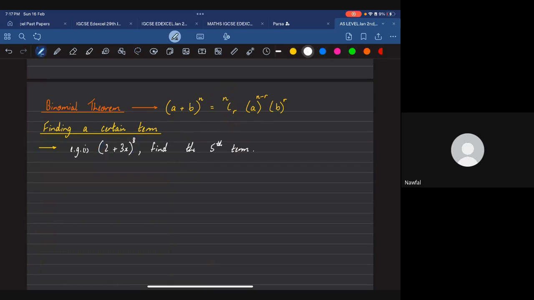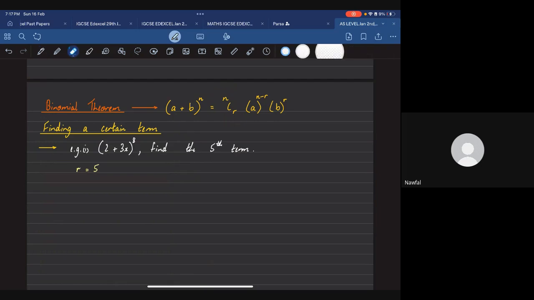If the question is saying to find the fifth term, that means that one thing is for certain. What does that mean? If I want to find the fifth term, first I need to find the value of r. All right, I don't know R. Now, very simply, a lot of students will jump to the conclusion that R needs to be 5, right? Because it's the required power.